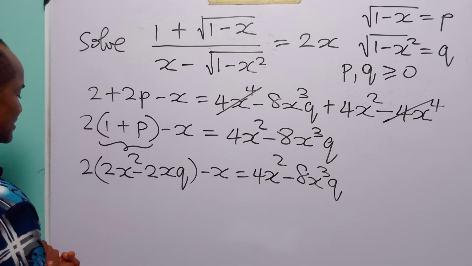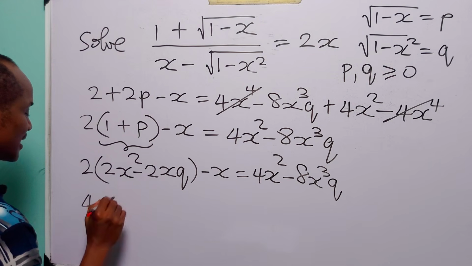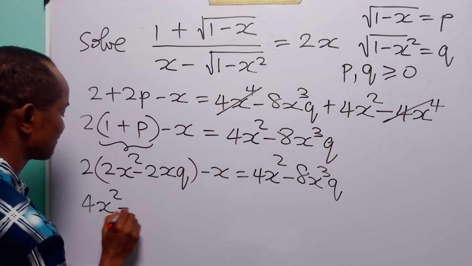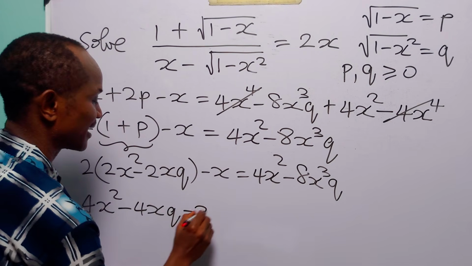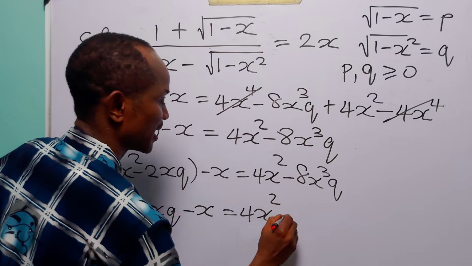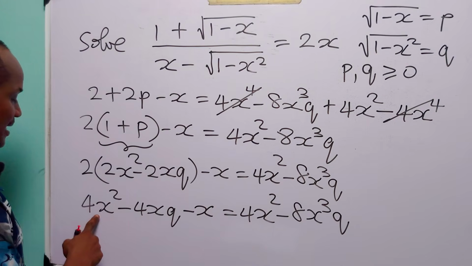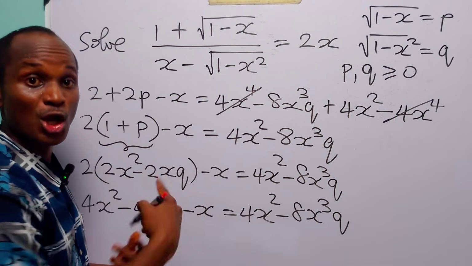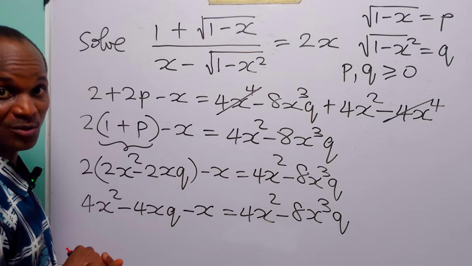Now let us expand this. 2 times 2x squared is 4x squared. 2 times minus 2x cubed q is minus 4x cubed q. Then we have minus x, and this is equal to 4x squared minus 8x cubed q. Now here we have 4x squared. Here we also have 4x squared. So we can subtract 4x squared from both sides of this equation.